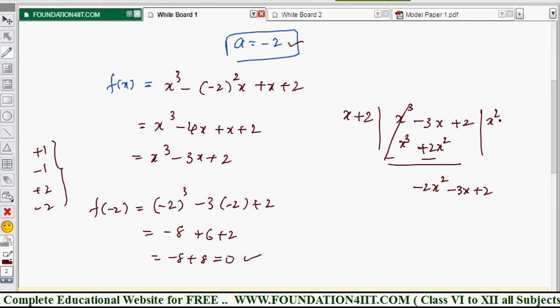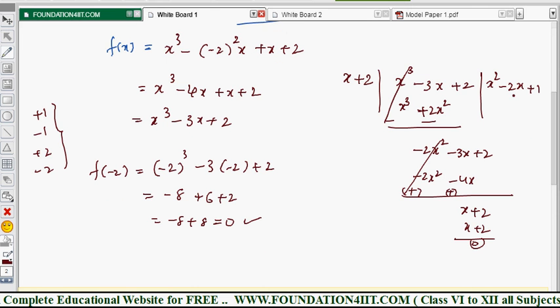Again x into minus 2x is minus 2x square, and minus 2 into 2 gives minus 4x. Changing the sign and cancelling, minus 3x plus 4x is x plus 2. So plus 1, same x plus 2, finally that is 0.